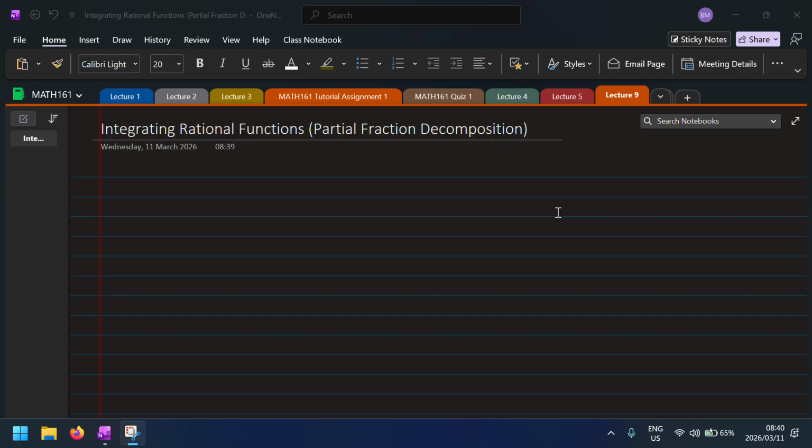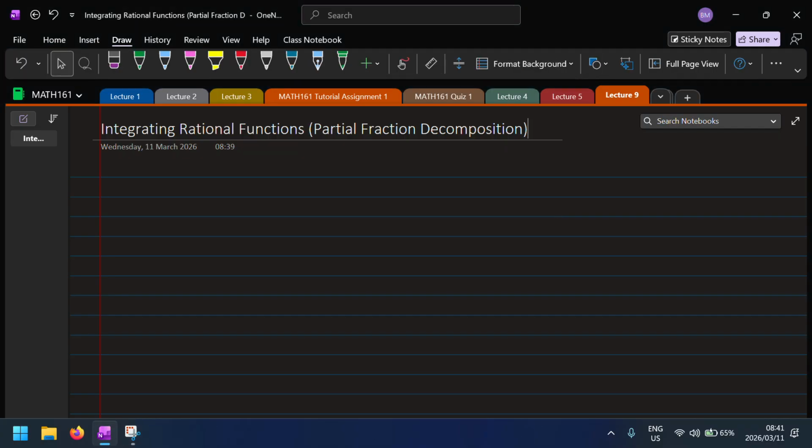Okay, so what is partial fraction decomposition? We've seen a little bit of this before when integrating rational functions. For example, we had the integral of 1 over x(1 + x) dx.